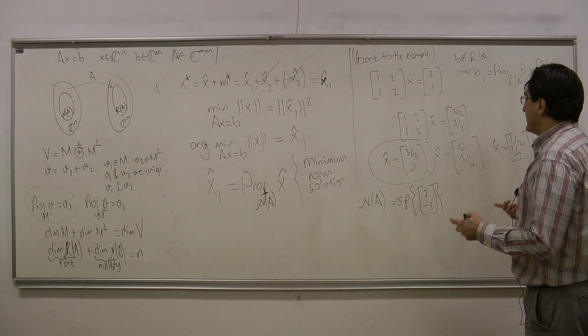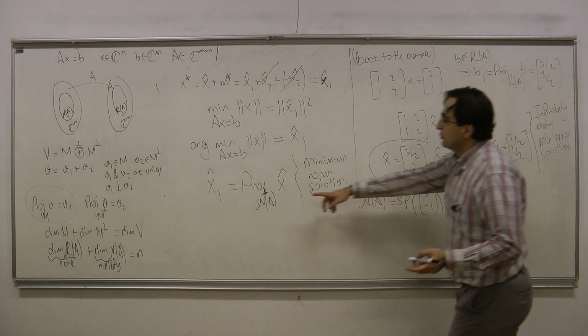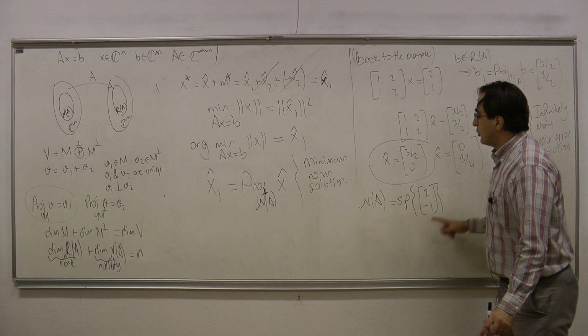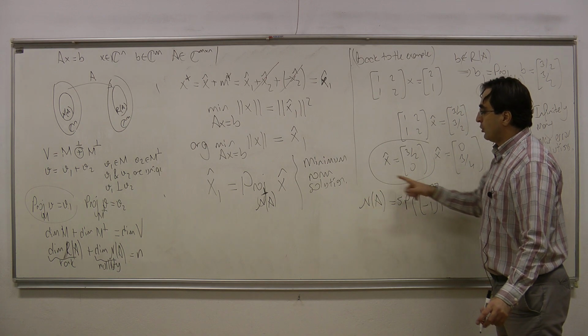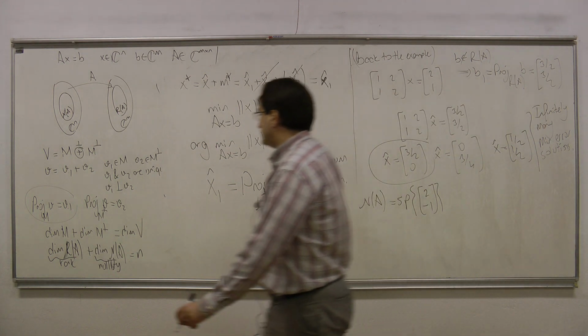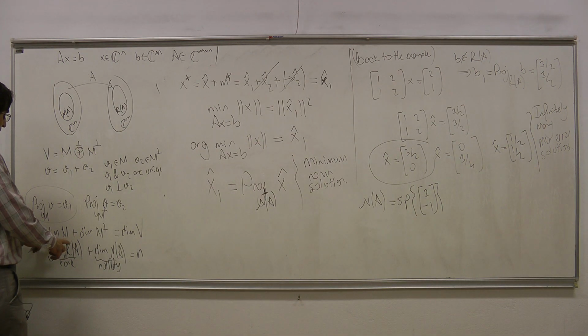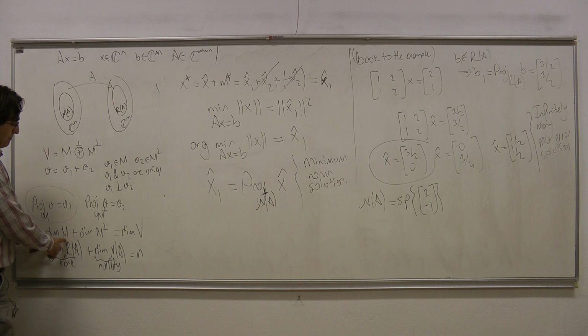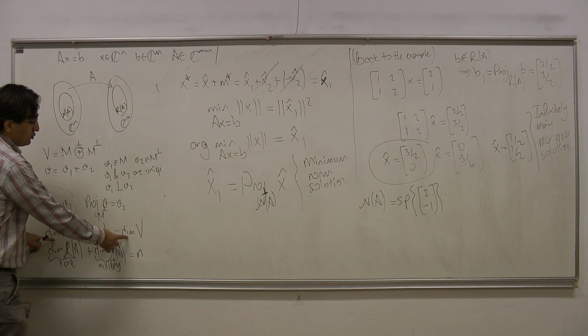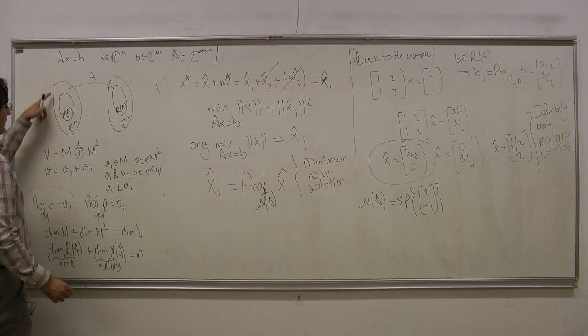So now, in order to make a projection onto the orthogonal complement of the null space of A, I need to find the orthogonal complement of this null space of A. And here, look at this expression. Dimension of M plus dimension of M orthogonal complement should be the dimension of the overall space.